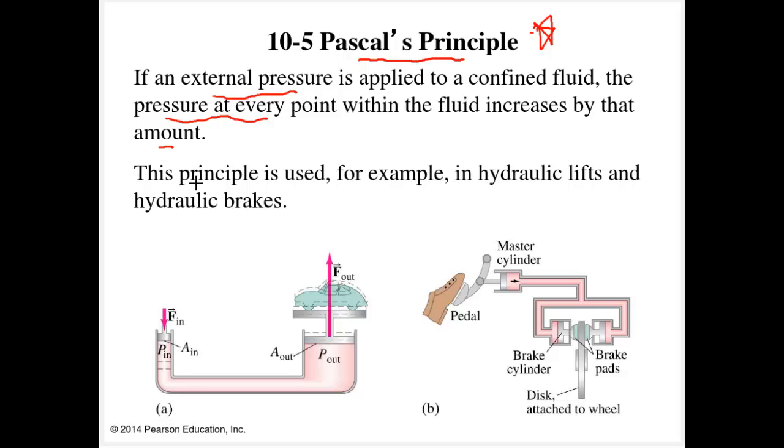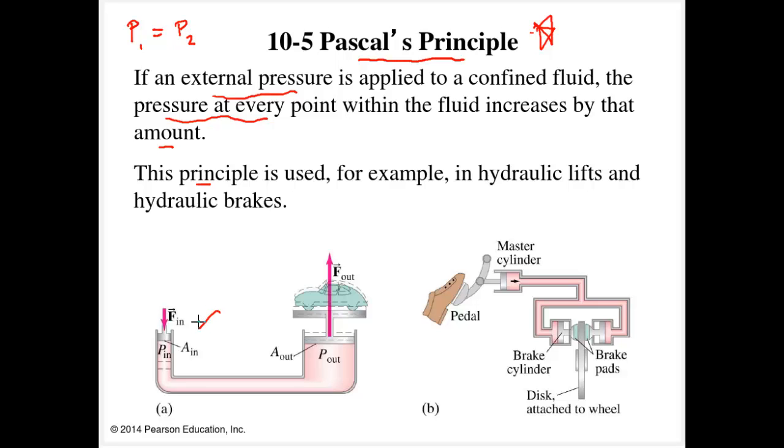We can take advantage of this principle. We can say that if you put a pressure on one side of, say, a hydraulic lift or a hydraulic brake, that pressure on one side must be equal to the pressure on the other side.